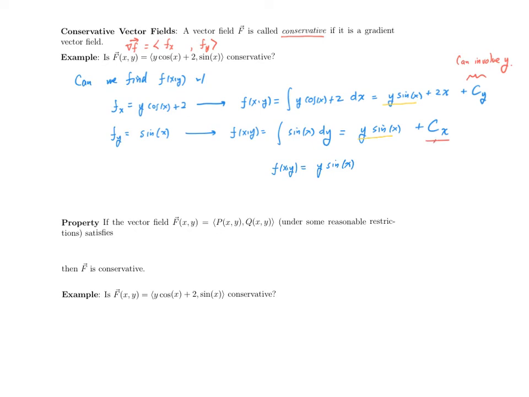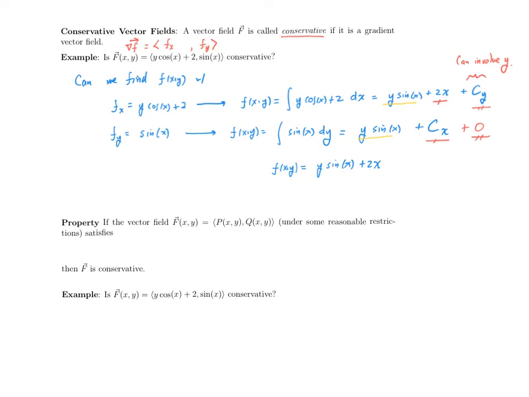Note the constant with respect to x can be 2x. And the constant with respect to y, well, we're not seeing anything, at least explicitly, in the second formula. So one thing we could do is just go ahead and let it be 0. It doesn't actually have to be any physical quantity.